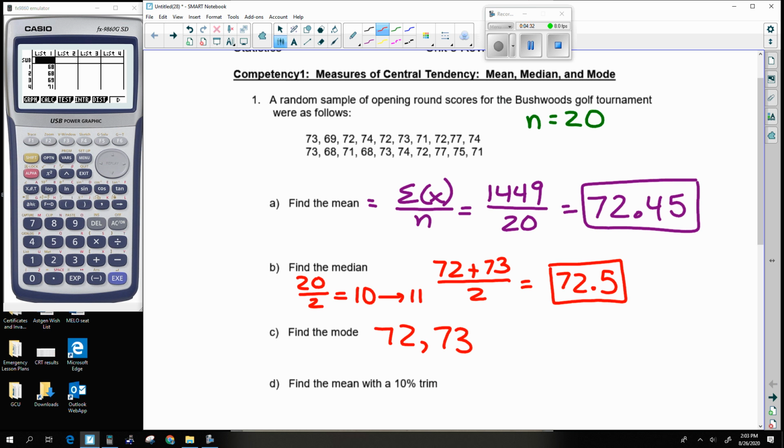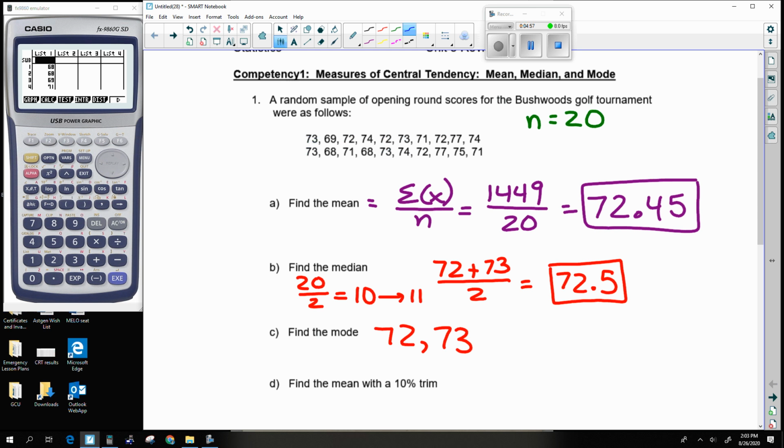Just going to double check. 72: 1, 2, 3, 4. And then 73: 1, 2, 3, 4. Yeah, 4 each, and that's more than anything else.